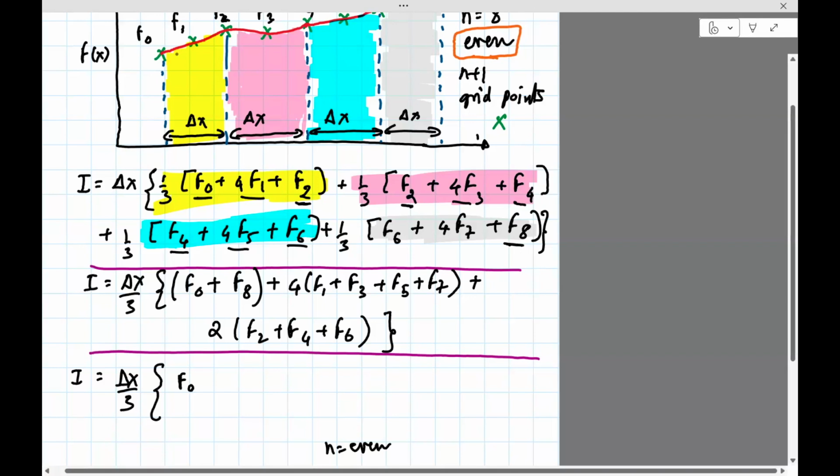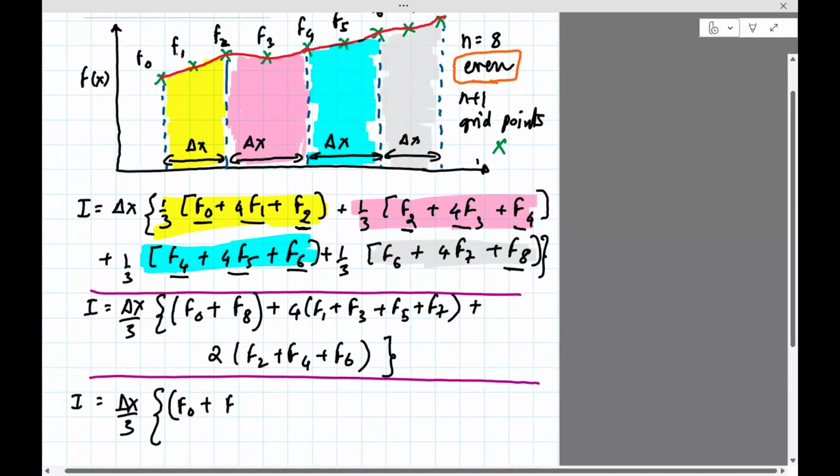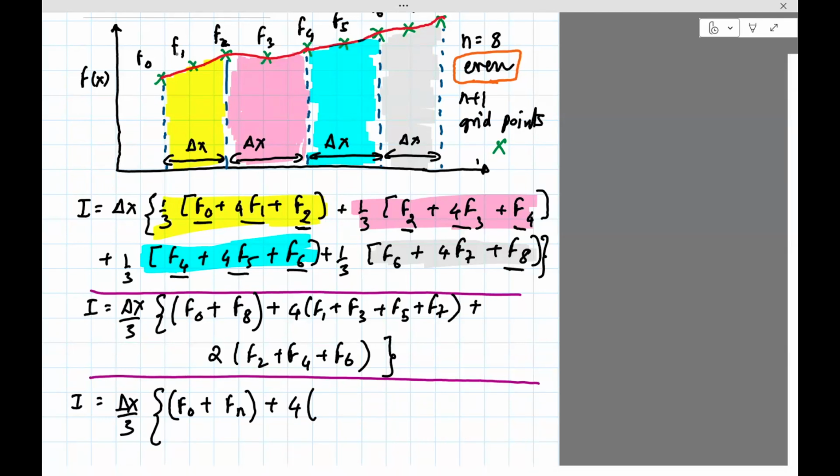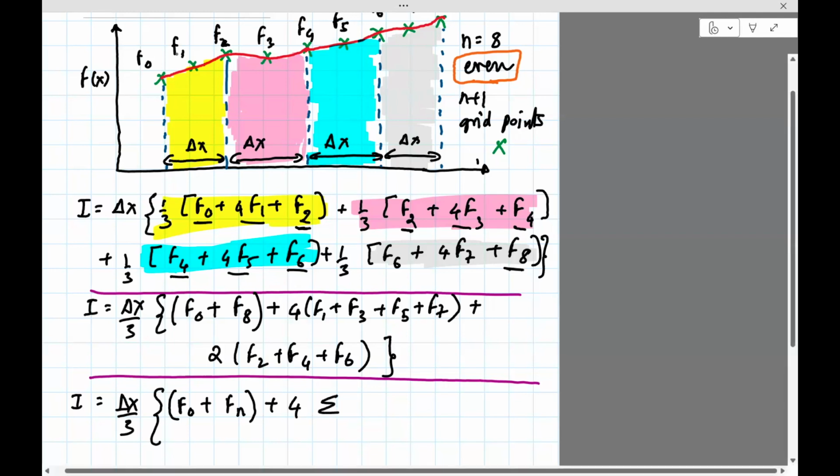Clearly, we'll always have f0 plus, 8 is the last number, so it should be fn, plus 4 times... You can see what goes in there: 1, 3, 5, 7, which means every odd term is appearing there. So instead of writing it that way, I just use a summation sign, and I put 1, 3, 5, all the way to n minus 1, right? The last one is 7, which is 8 minus 1, or n minus 1.